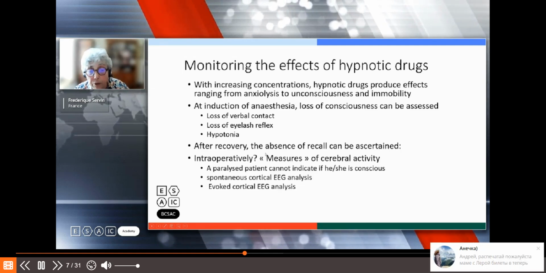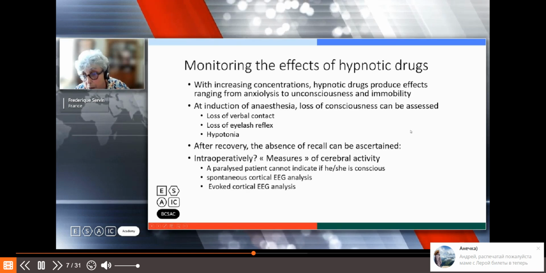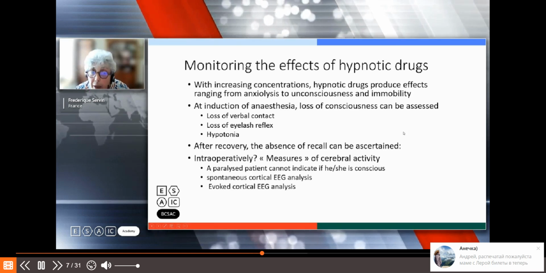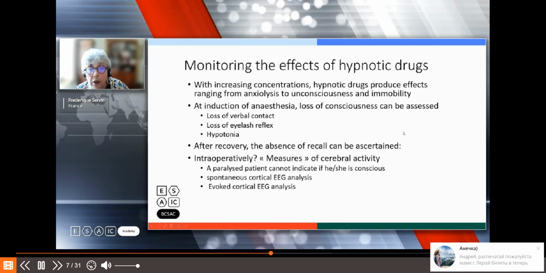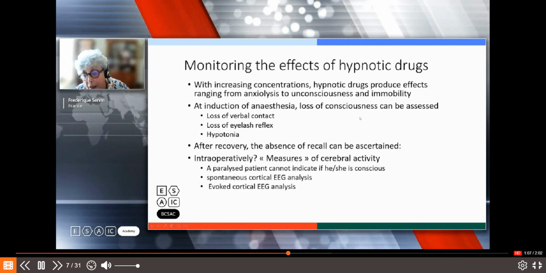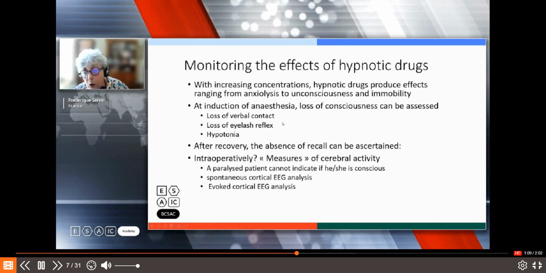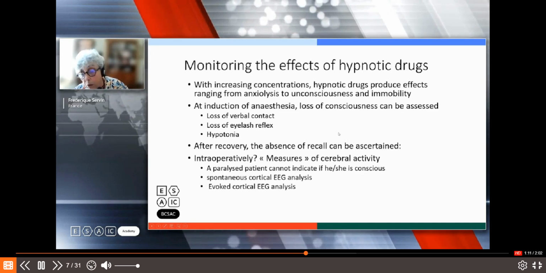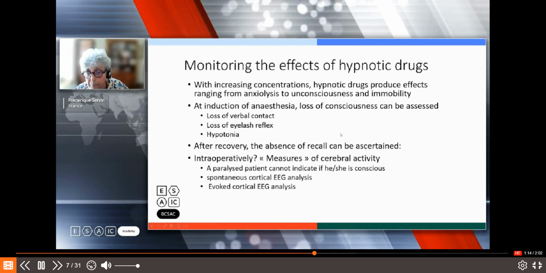Then at recovery, you can see the return of consciousness by the return of verbal contact, for example, and you can assess that there is no conscious recall of what happened during surgery.